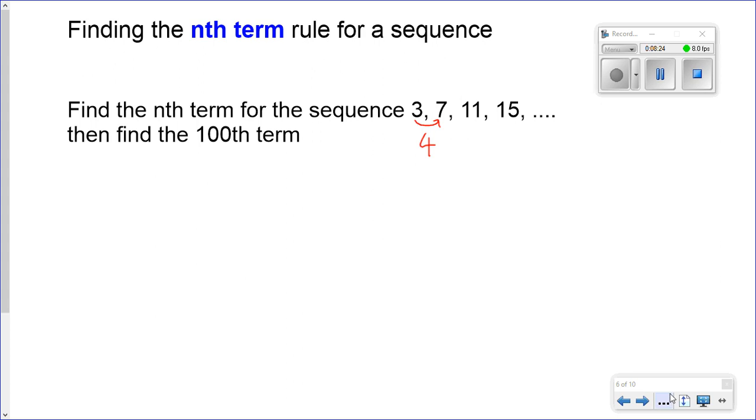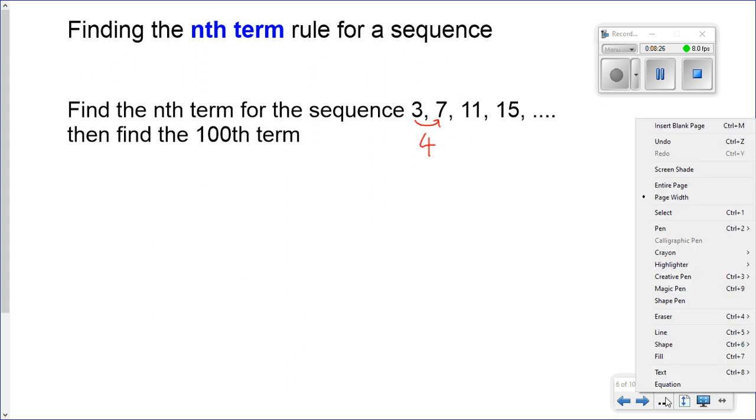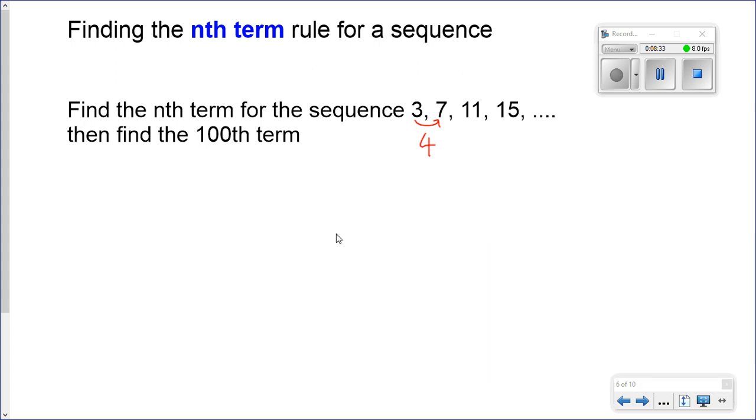Okay? So what does that mean about our rule? What must our rule have if it goes up in 4s? The answer is it must have a 4n involved. 4n will generate the 4 times table.